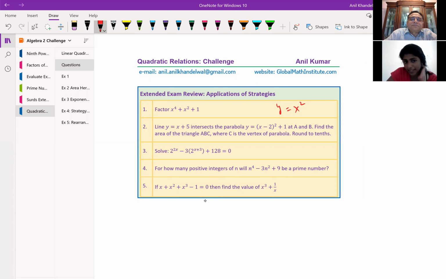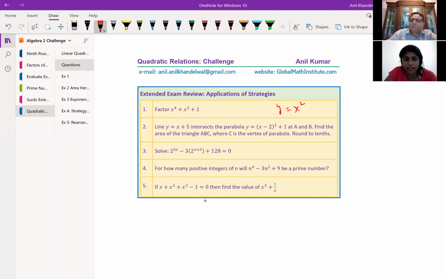Line y equals x plus 5 intersects the parabola y equals (x minus 2) whole squared plus 1 at A and B. Find the area of the triangle ABC, where C is the vertex of the parabola. Round to tenths. So what is going to be your approach for this particular question? So obviously point C would just be (2, 1).